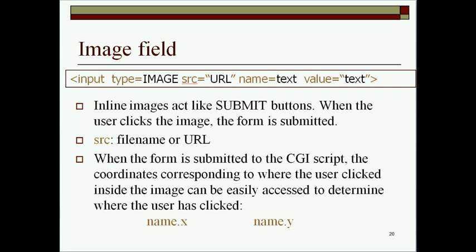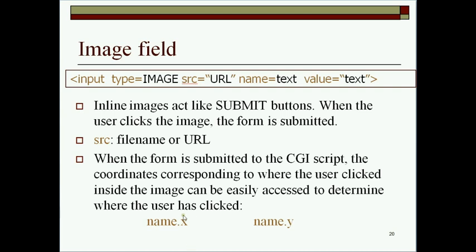But for the most part, they're there to act as buttons that are clicked, with the difference that when the form is submitted to the server, then the coordinates corresponding to the click where the user clicked inside the image are submitted as values for these variables. So whatever name you gave to this image, then name.x is the coordinate along the horizontal axis of the click from the lower left bottom of the image.